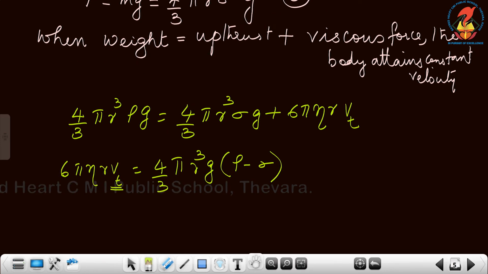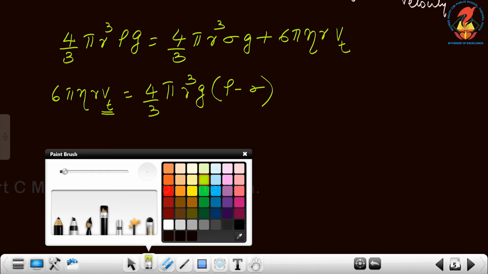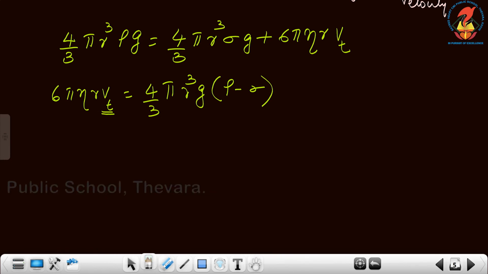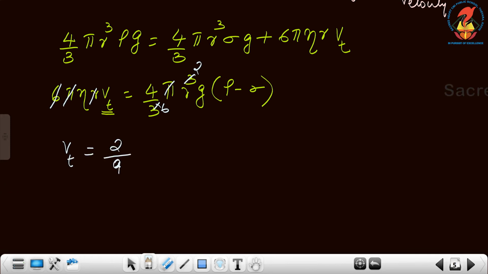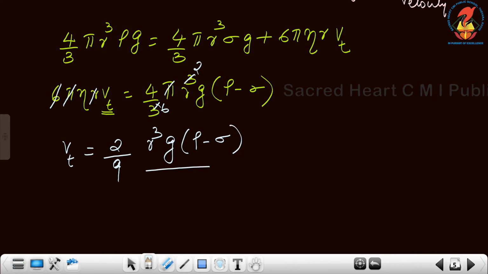So we can write, cancel the common terms, you bring the 6 to the other side, you will get Vt is equal to 2 by 9 r square (rho minus sigma) g, the whole divided by eta.